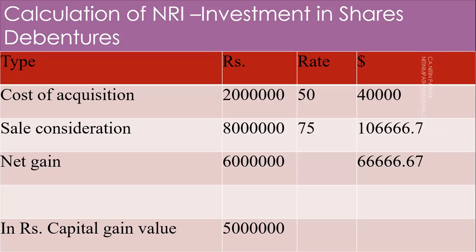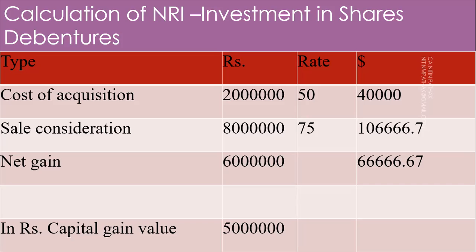At that date, the TT rate was 75 per dollar. So I will be entitled for 1 lakh 60, 1 million. So my net gain is 66,667. So 66,667 multiplied by the rate on the date on which I sell the shares comes to rupees 5 lakh.